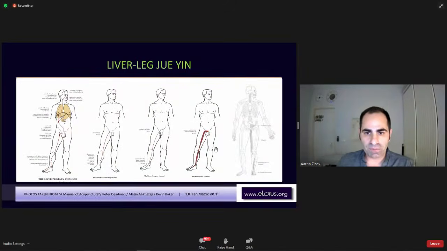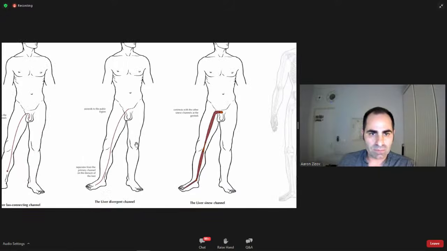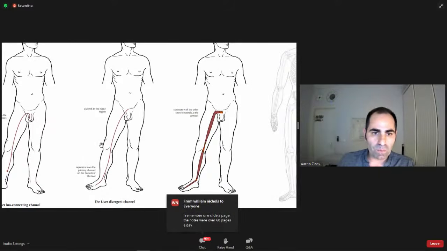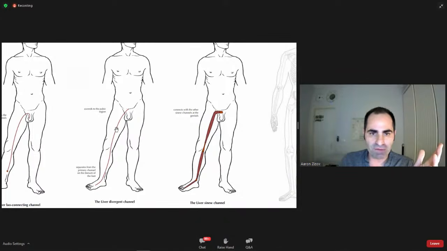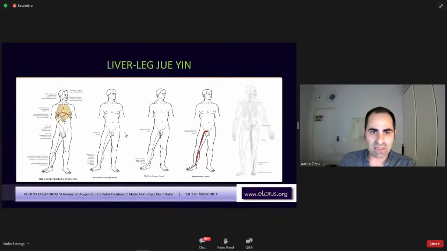So the liver meridian, the divergent, we can see again specific points. We can say it starts basically on the area of liver 5, but again, the area of the lower abdomen, stomach 30 area, is a point which we can start directing it.